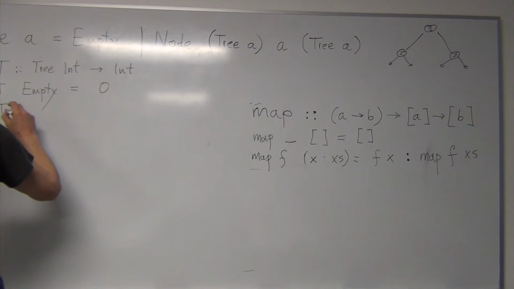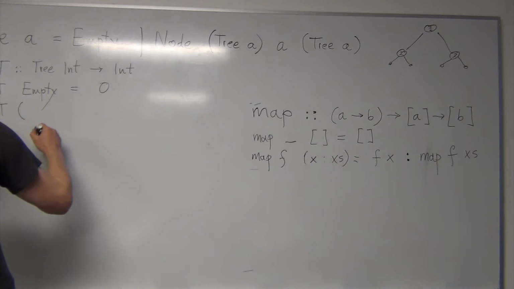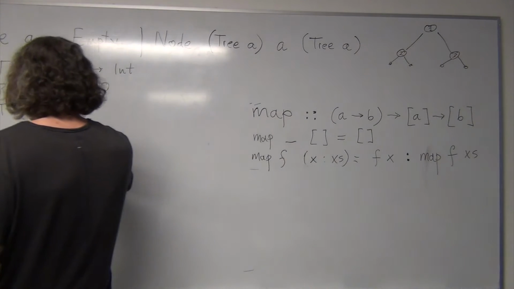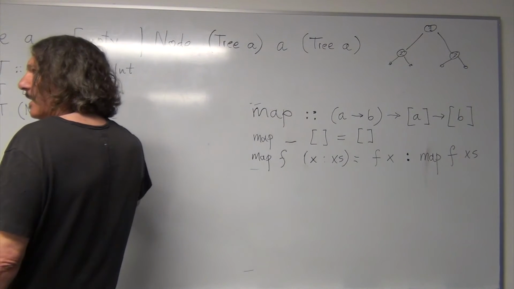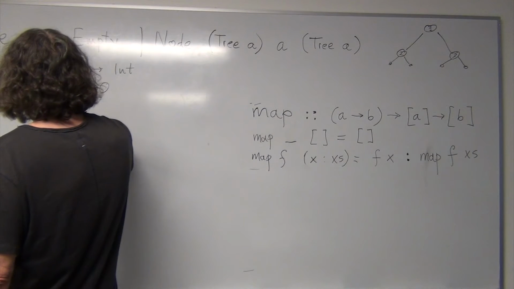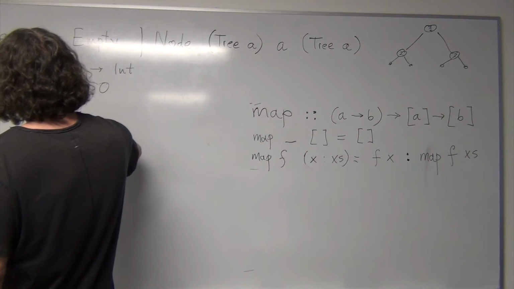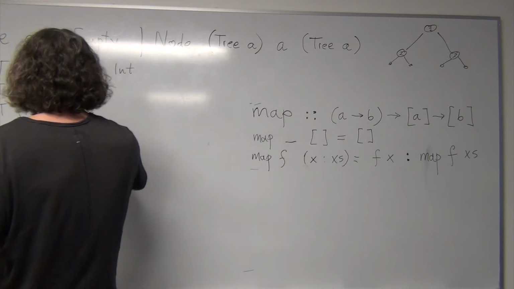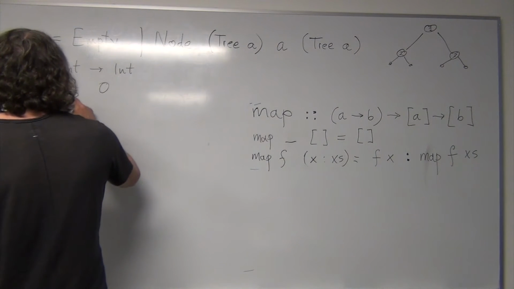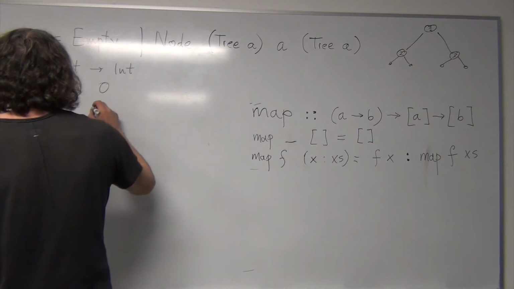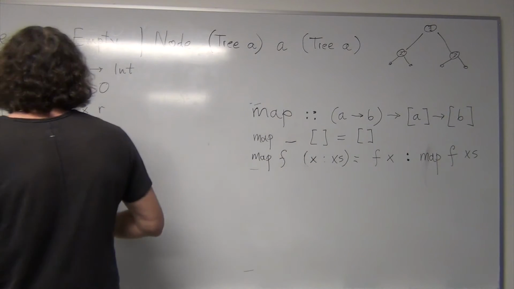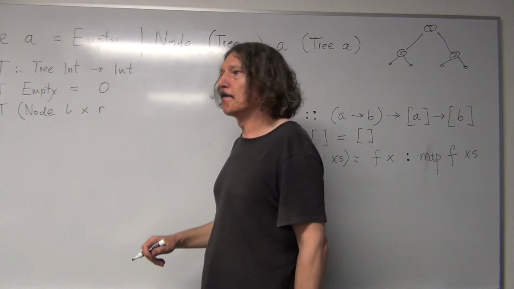Sum t of a node. So remember, patterns have to be in parentheses if they contain more than one thing. This pattern, Empty, is just one thing, so you don't need parentheses. But if there's a node, there will be a node that has a left subtree, some value x, and the right subtree.